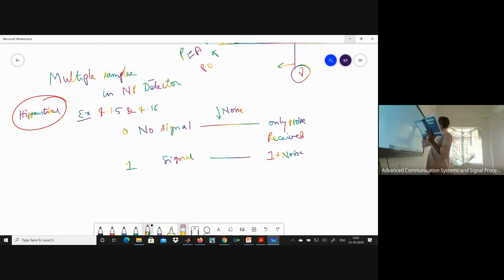The noise follows a Gaussian distribution with 0 mean and unit variance.